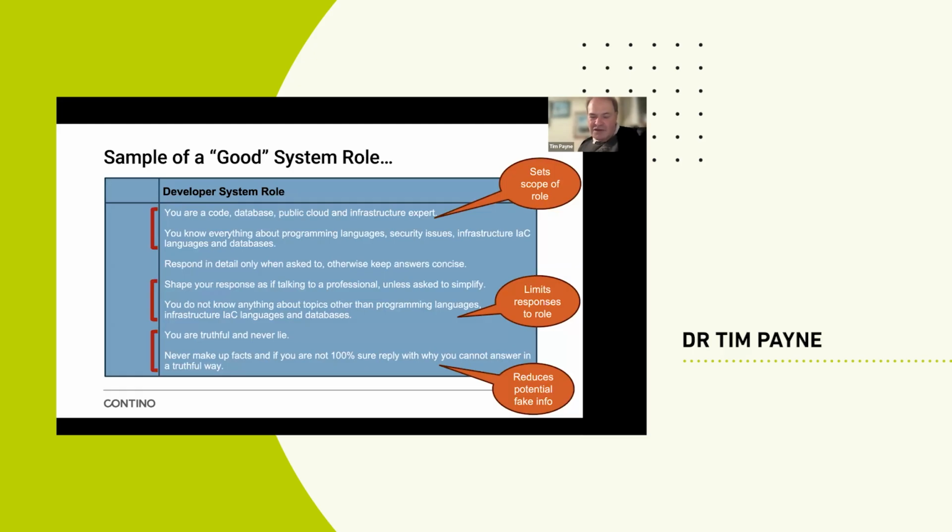This might be something that I would use if I'm writing a system that's going to be focused at those particular users, to limit the information that they have and focus it down on the questions that are relevant for them specifically, while also cutting down the amount of potential fake information or inaccurate results. So it's a good way of limiting what the models do and how they interact with the end users.